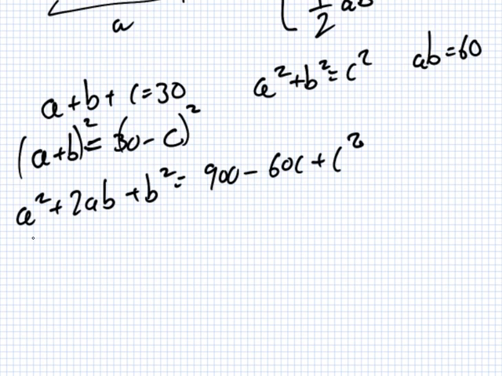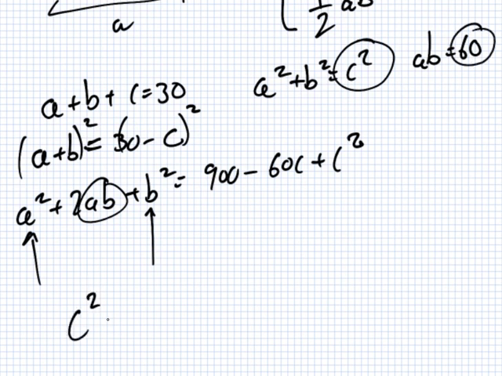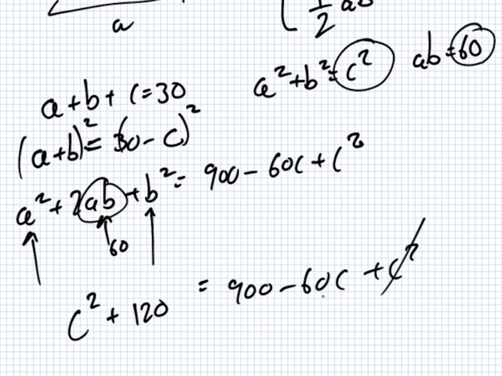But A squared plus B squared, you see everybody sees it now, is C squared, and AB is 60. So this is C squared plus 120, because that's a 60, is 900 minus 60C.